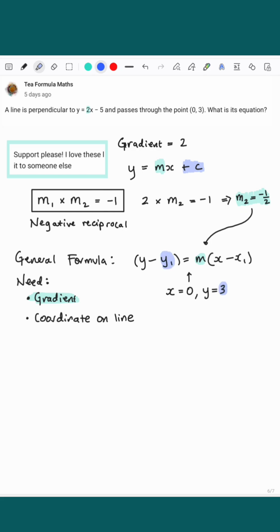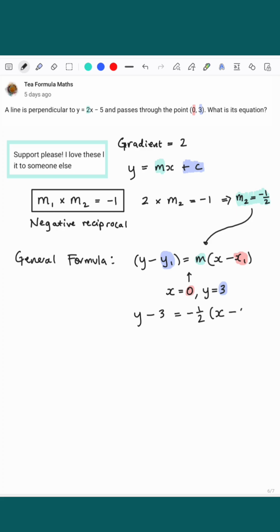The y stays where it is, it doesn't change. x is x1. So that's where everything's coming from. We're going to put this into the formula and replace as necessary. The y always stays as y, and the y1 is 3. The m was -1/2, and we have x, which stays as it is, but the x1 was the x coordinate there. Let's do a little tidy before we rearrange.